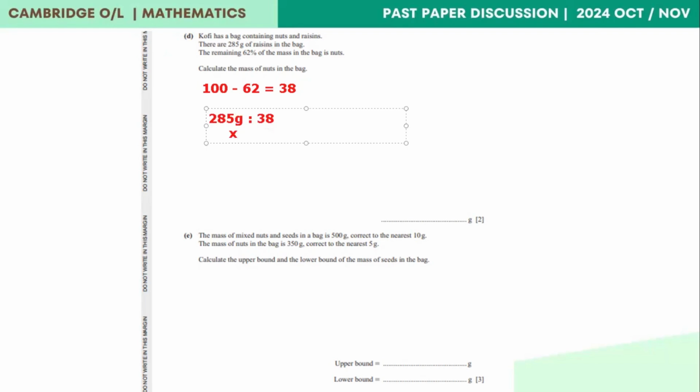We are finding the mass of nuts, which is going to be 62%. Now again we can cross multiply. So 285 into 62 divided by 38.